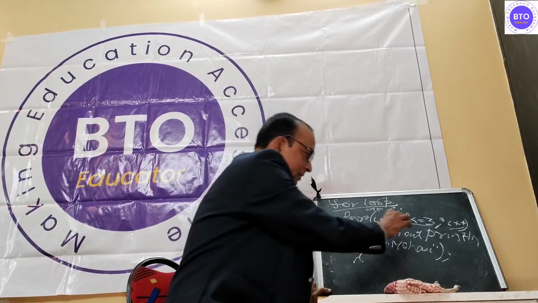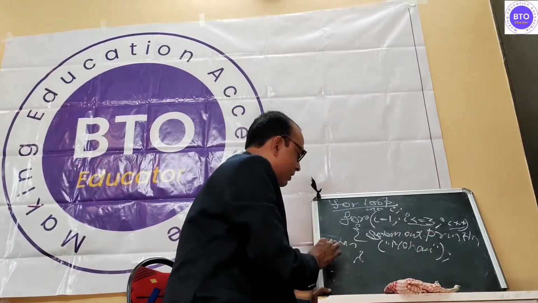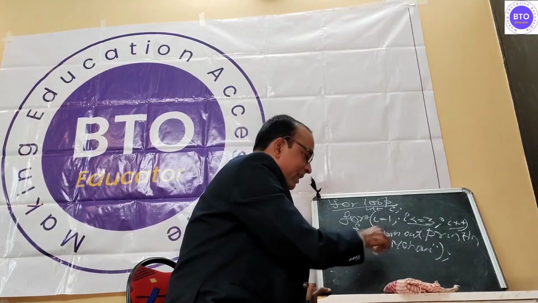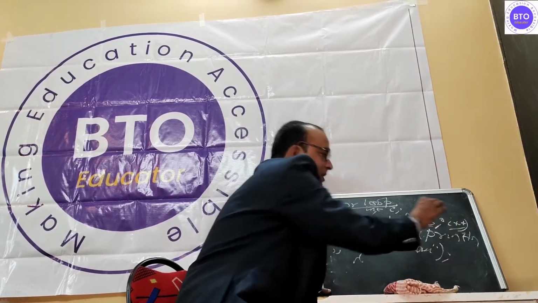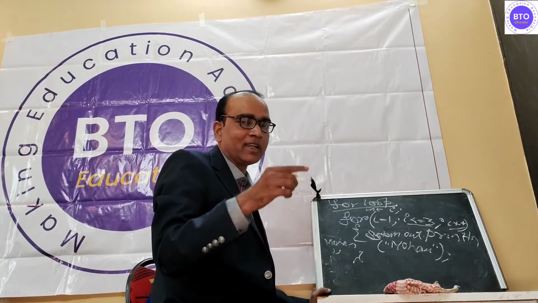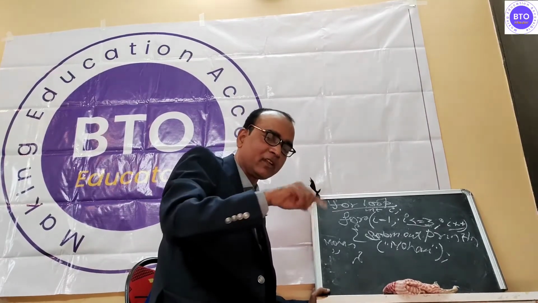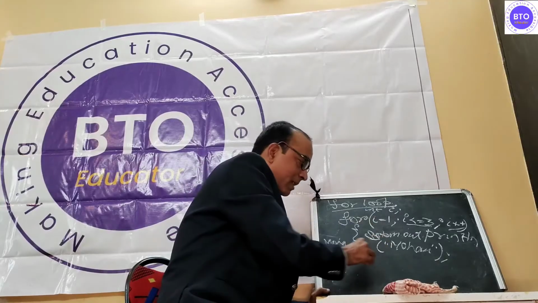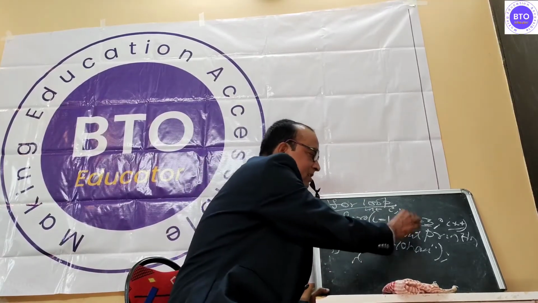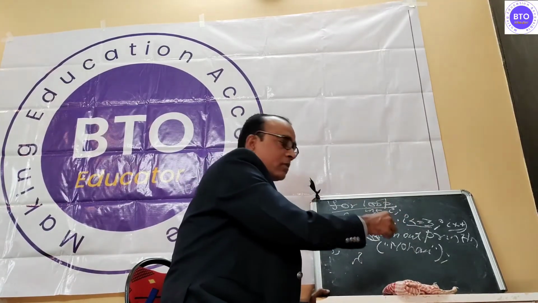Yes, true. It will get in and print Mohan again. At the end of the second round, again the third parameter, i plus plus, will increase i by 1, so i which was 2 will now become 3. Where will the program control go? It will go to the next round. It is a loop, so it will keep on rotating.